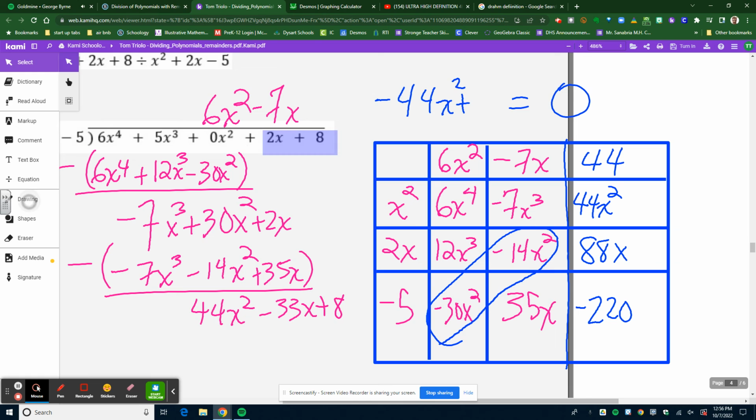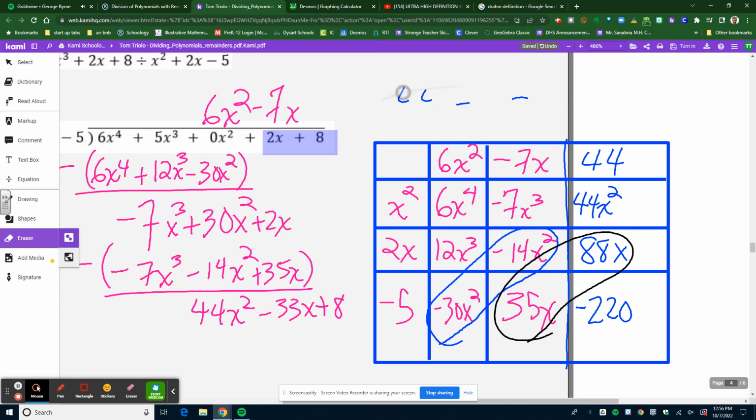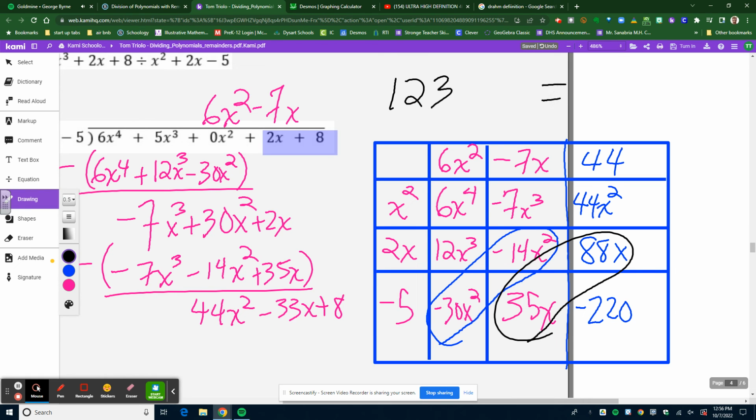Let's go black. All right. So 35 and 88 is 123. But I don't want 123. What do I want? I want 2. So if I've got 123 and I'm trying to get down to 2, it has to be negative.